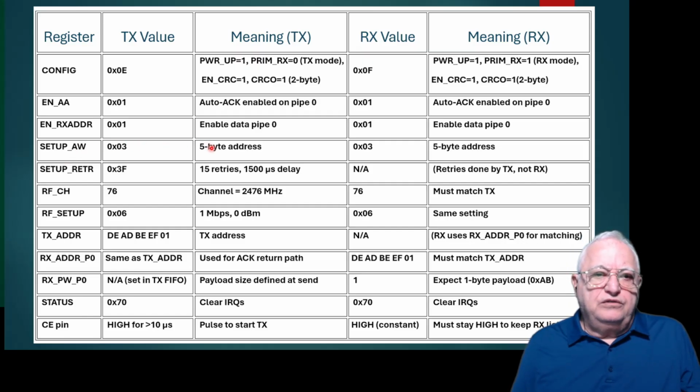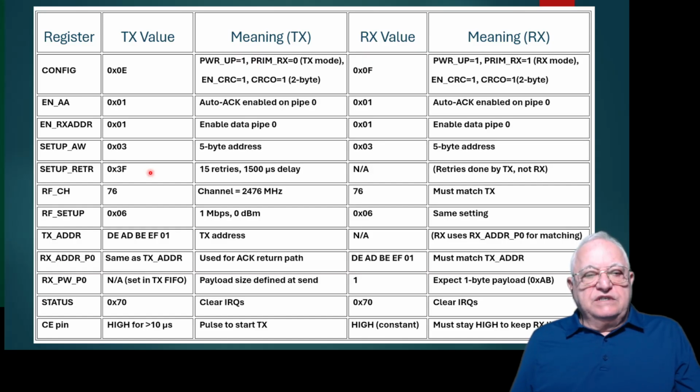Then we have the setting up the address. In both cases, we're going to use a 5-byte address. Next, on the transmitter, when we send the data, we expect to get an acknowledgement. Now, if we don't get an acknowledgement, then the question is how many times should we retry, and how much should we wait between retries? So we're going to send the message, and we're going to try it 15 times.